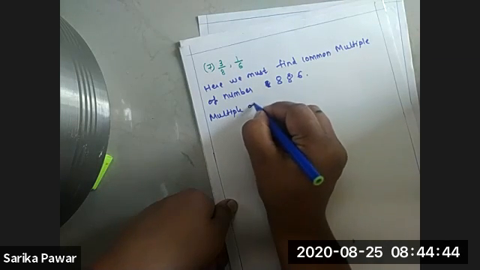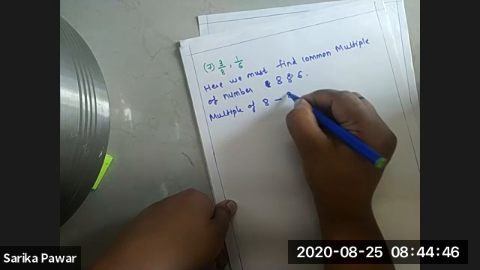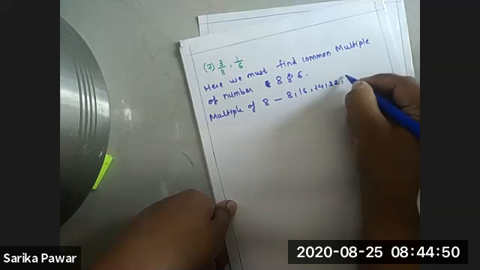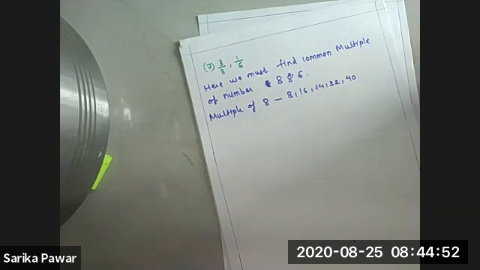Multiples of 8, just write down the table of 8. In the same way you have to write the table of 6 also.